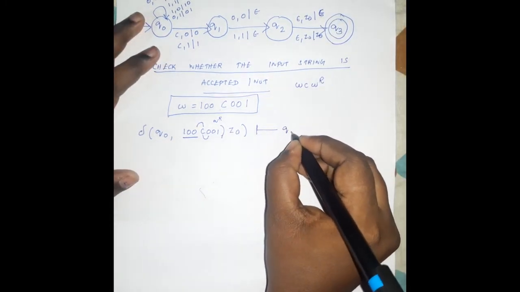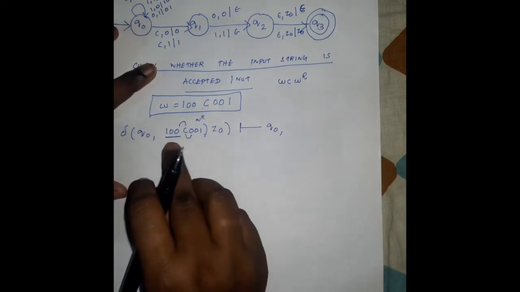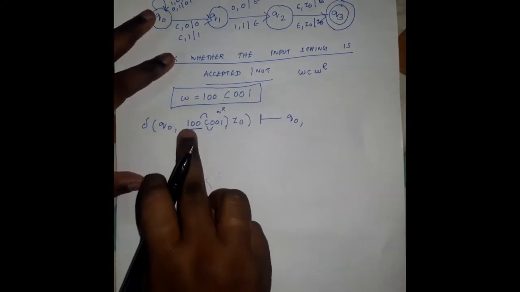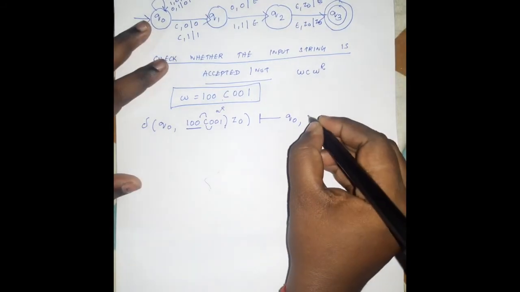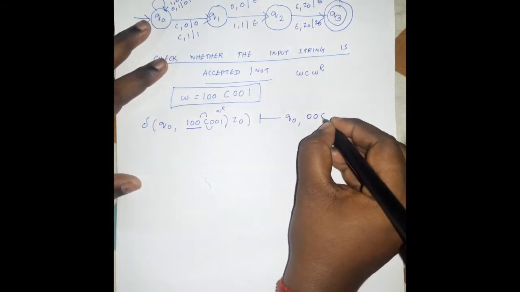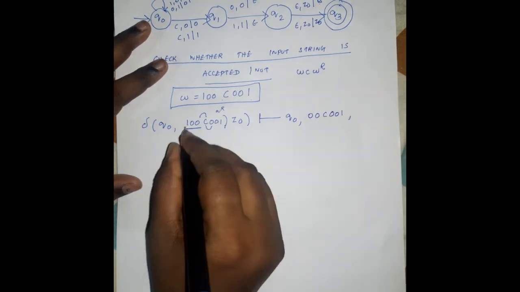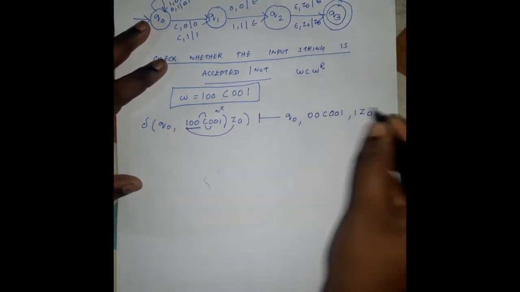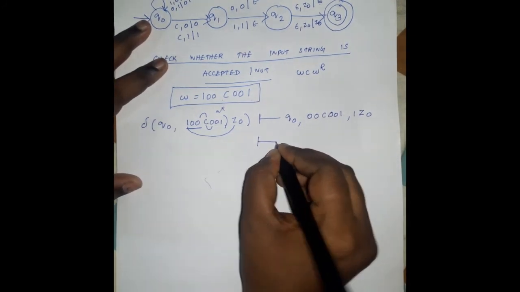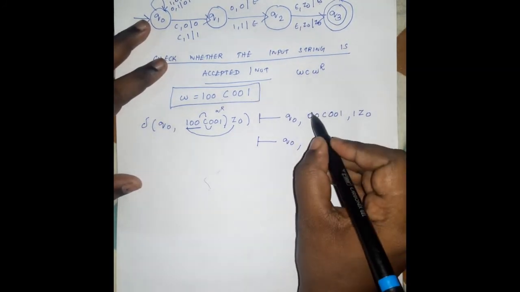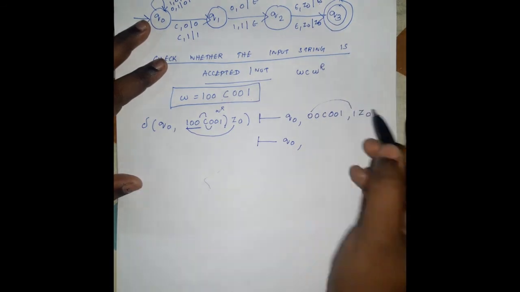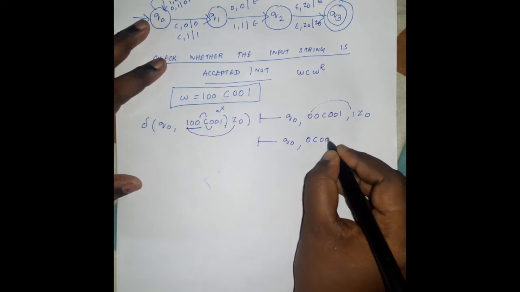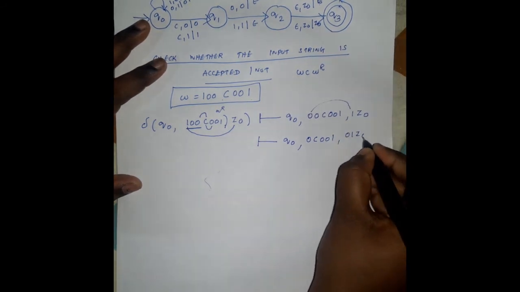So the next state is Q0. After the pushdown automata reads the first input symbol, 1, the remaining input is 00C001, and this 1 goes to the stack, so the stack is 1 Z0. The next step is Q0, after this 0 goes to the top of the stack, the remaining input is 0C001 and the stack is 01 Z0.